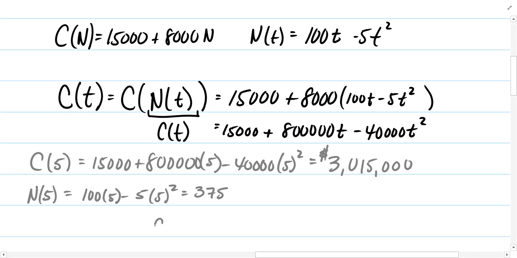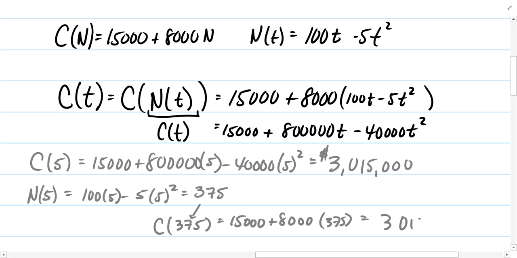And then we can find the cost based on the number of cars, which in this case is the cost based on 375. So 15,000 plus 8,000 times 375. And we get the exact same result, 3,015,000.